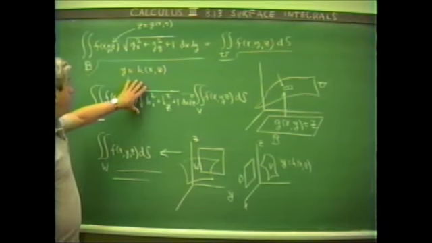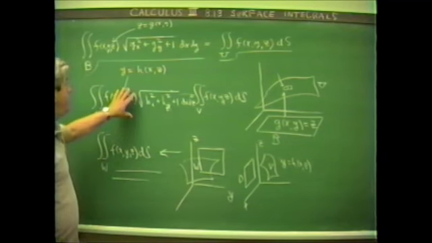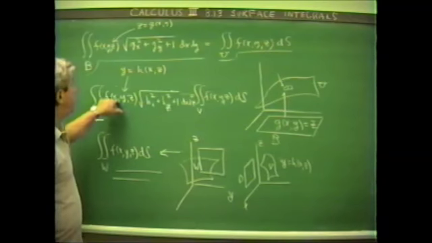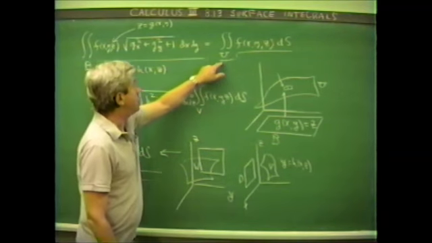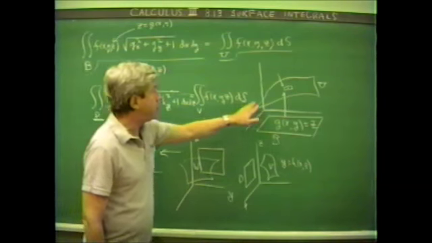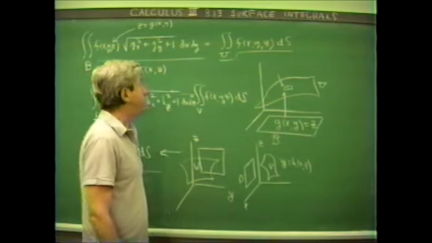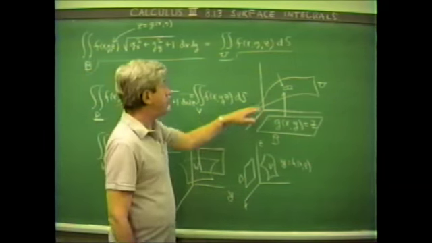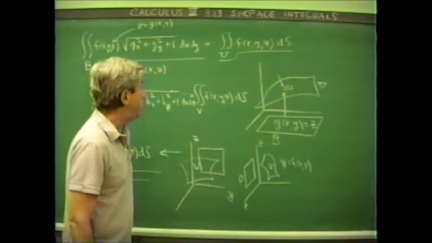So, without going into any more details than this, the surface integral can be evaluated in a fashion like so, provided the surface can be broken up into ones which are simple in this fashion right here.